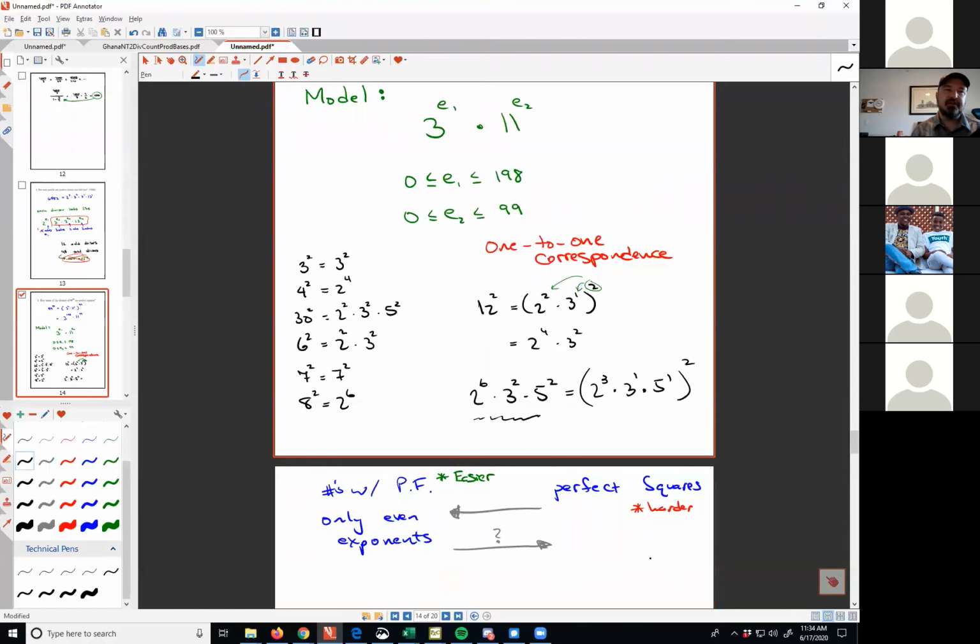The number on the left is 14,400, and that's 120 squared. So if it has only even exponents, can I do what I just did right here and rewrite it as a square? I'm pretty sure you can.